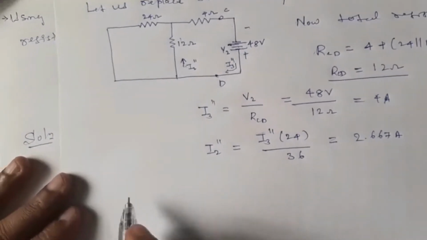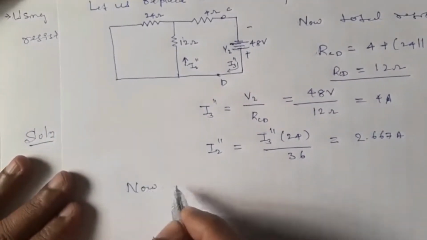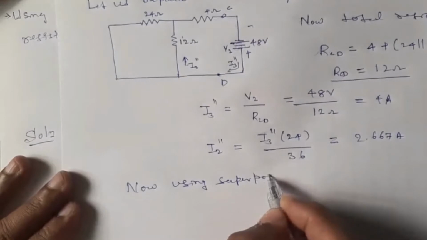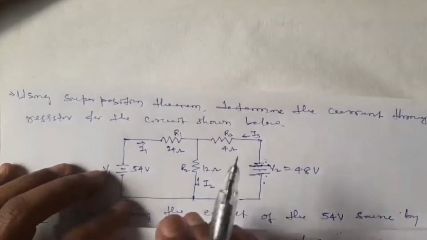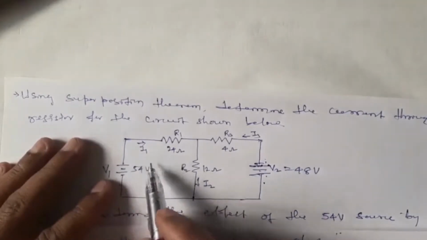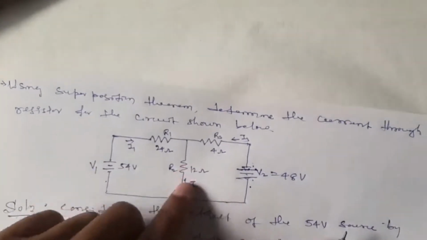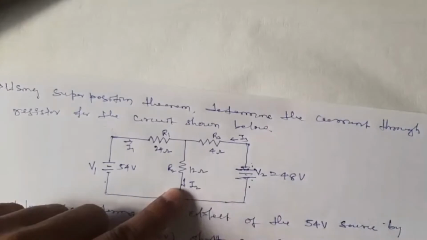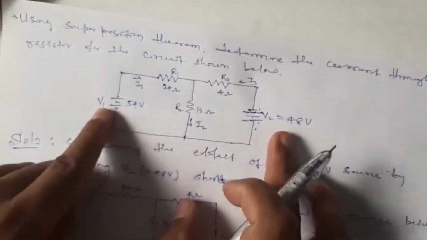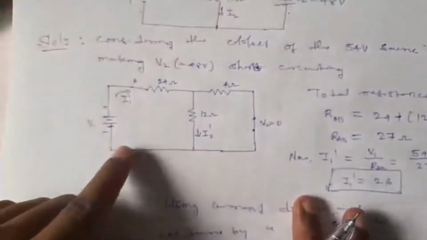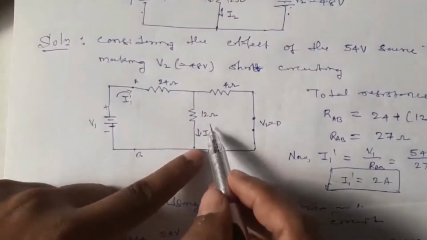So now using the superposition theorem, I2 is given by, look at here students, because of V1, I1 is flowing in this direction, and through this, I2 is flowing in this direction. This is just our assumption. When only V1 is present, we considered I2 dash in this direction.